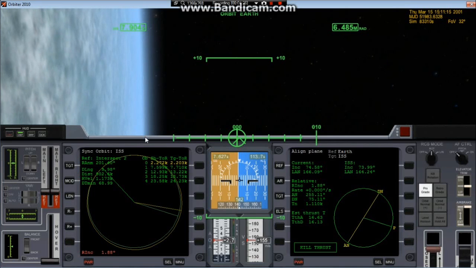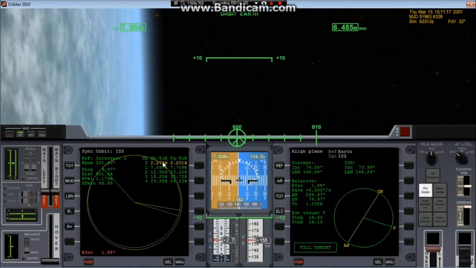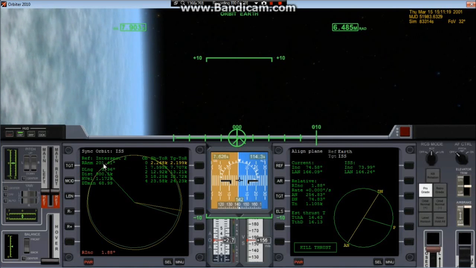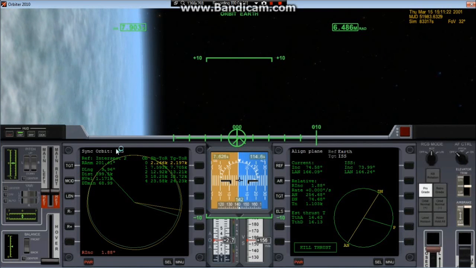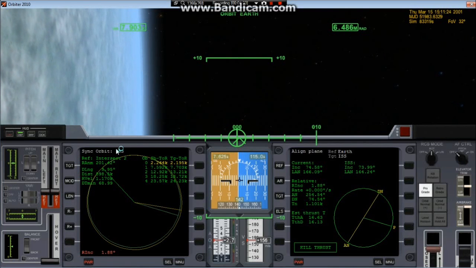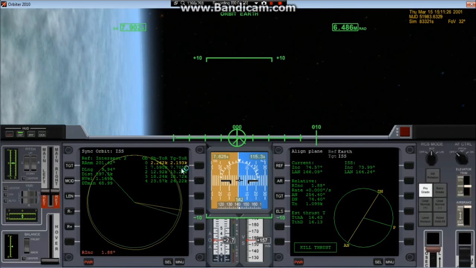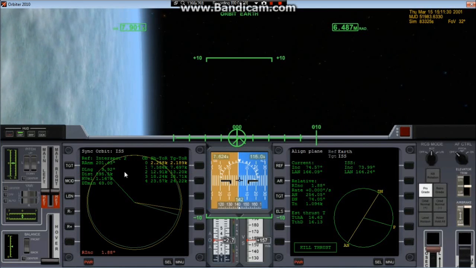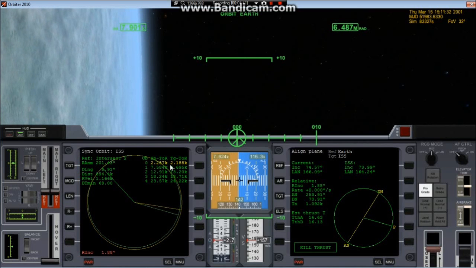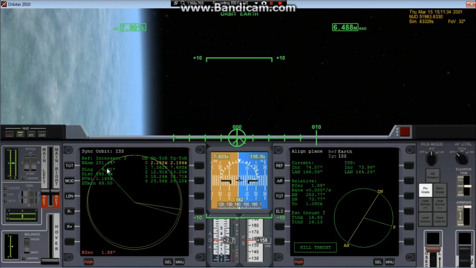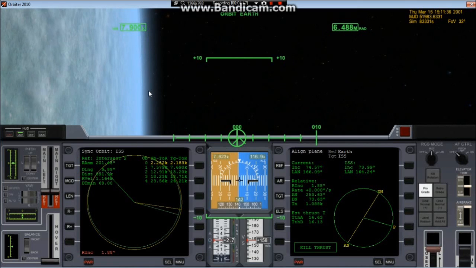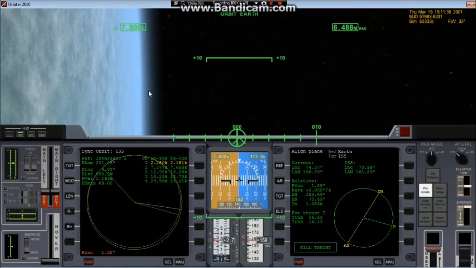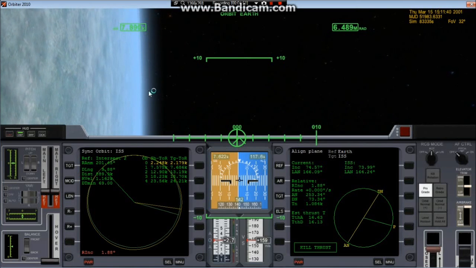So basically what I'm looking at now is these two values, and this is basically the lower intersection when we go back inside the orbit of the ISS. And that basically says in 2,258 seconds we're going to get here, and in 2,187 seconds the ISS is going to get here, which is bad. That means it's going to beat us.